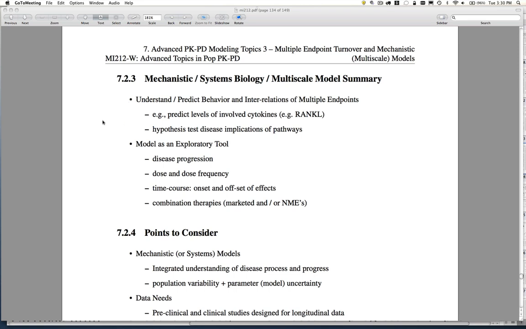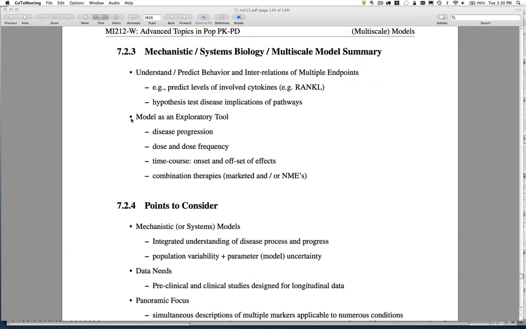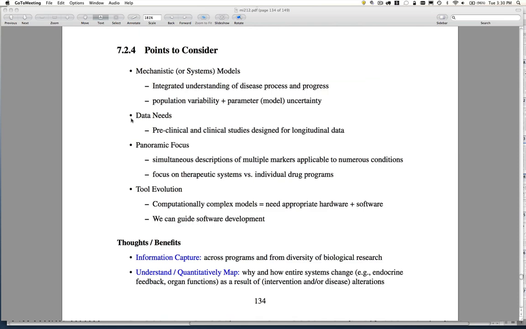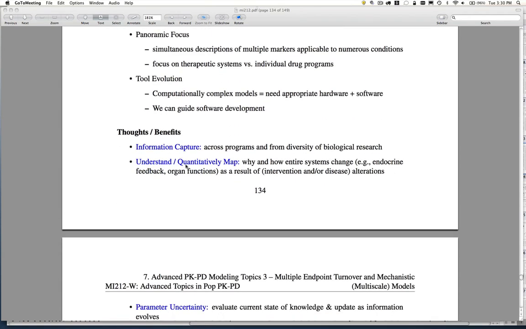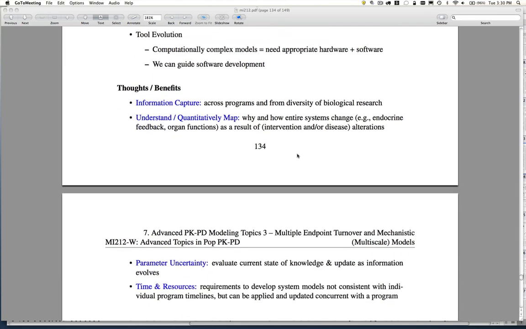This is an interesting pathway. Hey, what if we combine this therapy with this therapy? Do we have animal type models for this disease state that we can start to probe and understand this? So not just describing data, but also potentially hypothesis generating as well.